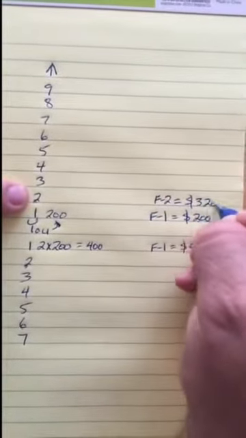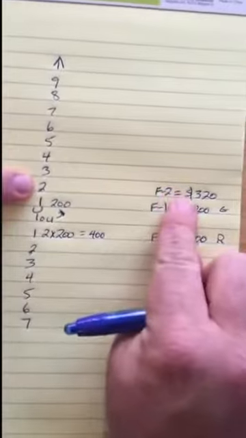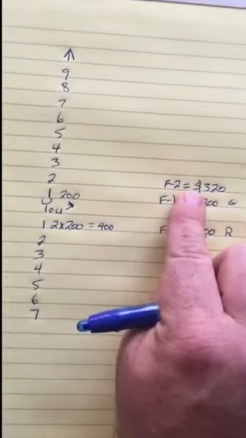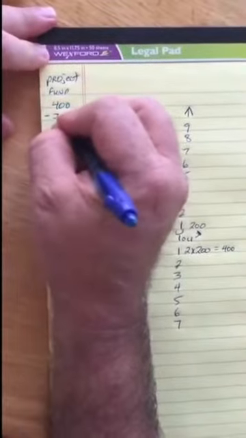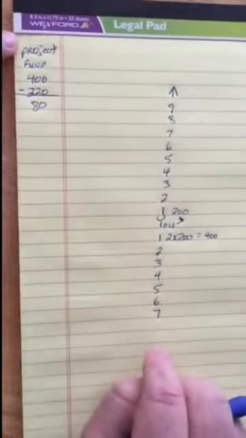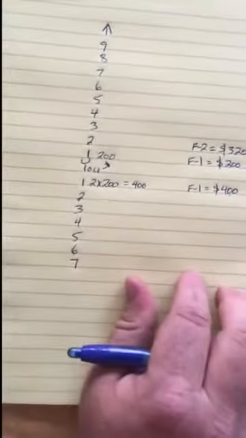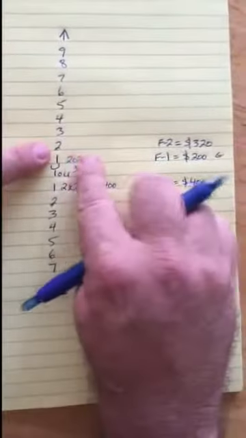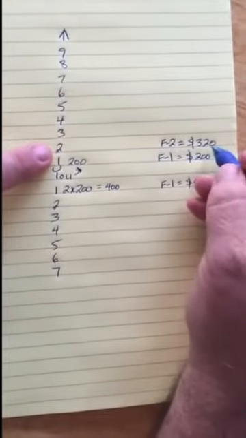Okay, so $320 is the second step. So we're going to go over here to the project fund, and we're going to subtract $320 out of your project fund, so that leaves you with a total of $80 in your project fund. Okay? Now, we're going to distribute this $320.